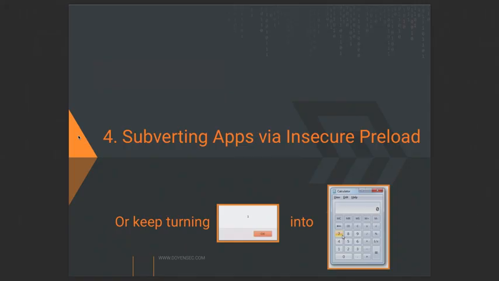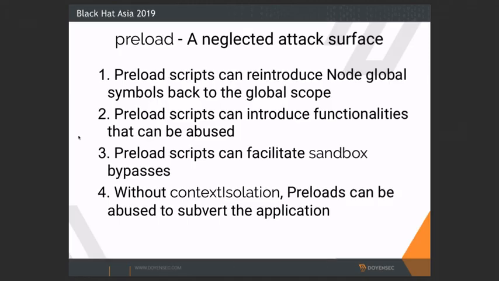And here I would like to introduce you to this new class of vulnerability called insecure preload. Preload is something that I think has been neglected by a lot of people, and the vulnerabilities we found in very popular apps demonstrate that. It is a problem that's been known in the Electron maintainers community.